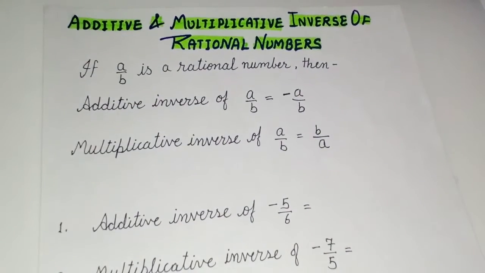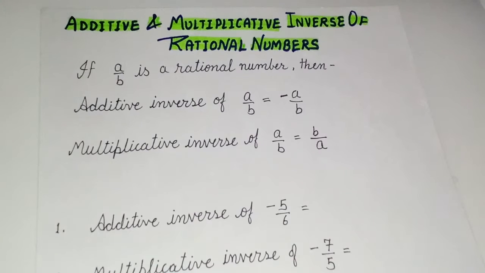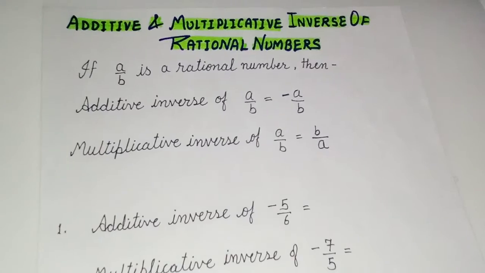So multiplicative inverse of A upon B will be B upon A. Here you have to carry the sign with them. That means if you are writing multiplicative inverse of a negative number, that will remain negative only and positive number will remain positive only. Change of sign in case of additive inverse and interchange of numerator and denominator in case of multiplicative inverse.